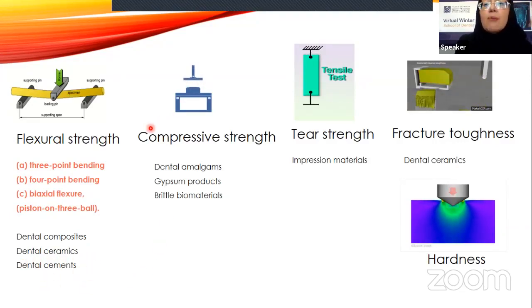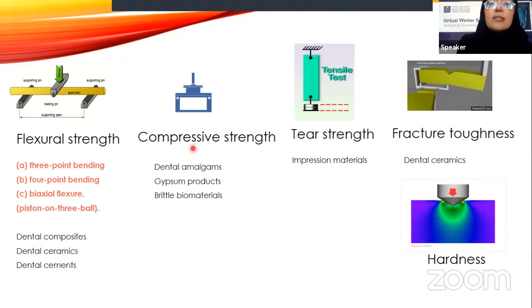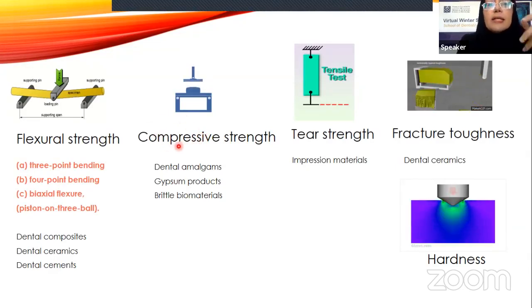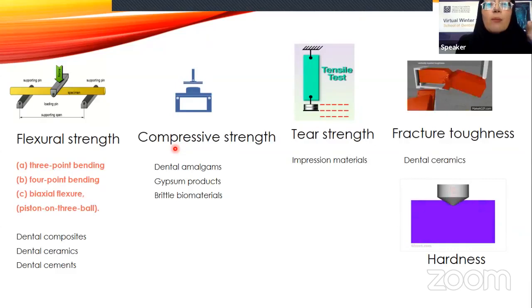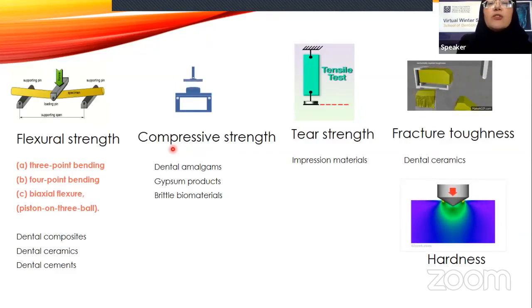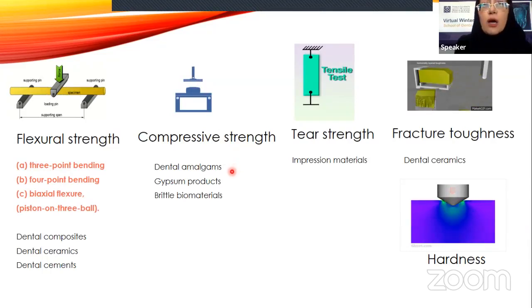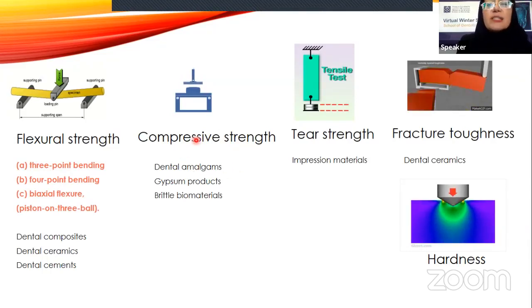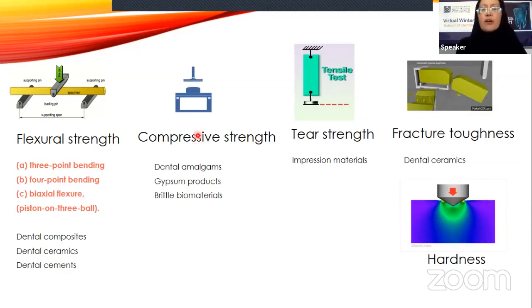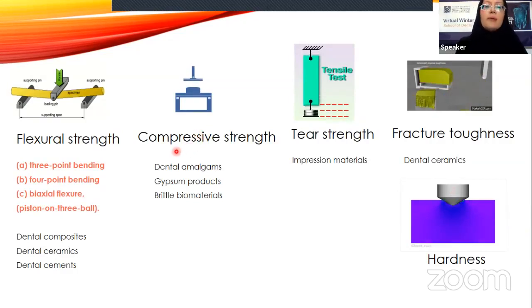The compressive strength test is a suitable test method for evaluation of mechanical properties of brittle materials like dental amalgams, gypsum products, and also different brittle biomaterials, maybe different brittle scaffolds, or maybe different synthesized materials.